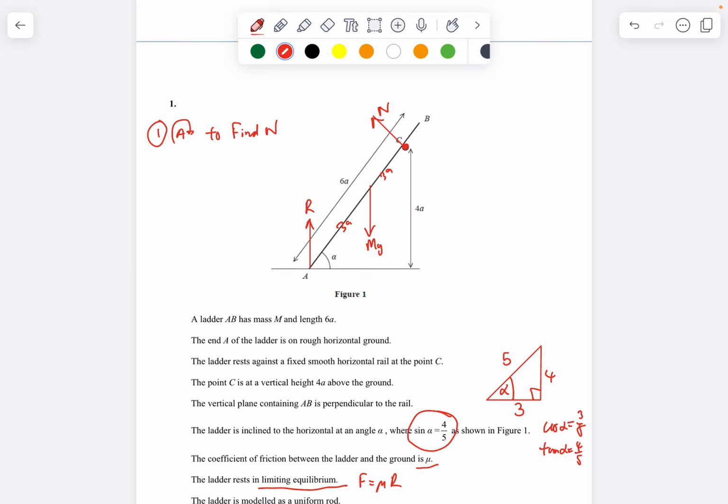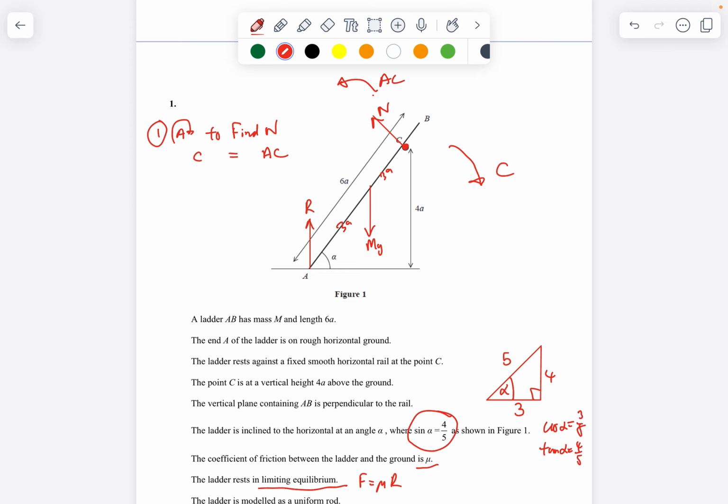So let's split them up into clockwise and anti-clockwise. My force pushing it this way is going to be anti-clockwise, and my force pushing it this way is going to be clockwise. So clockwise, I've got the weight.